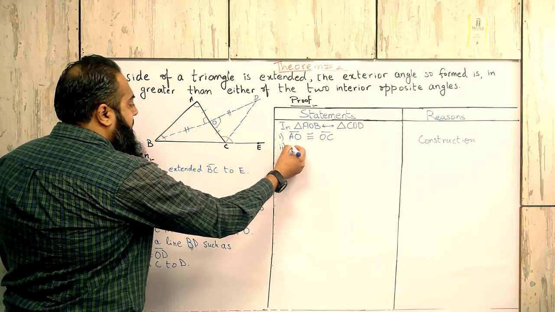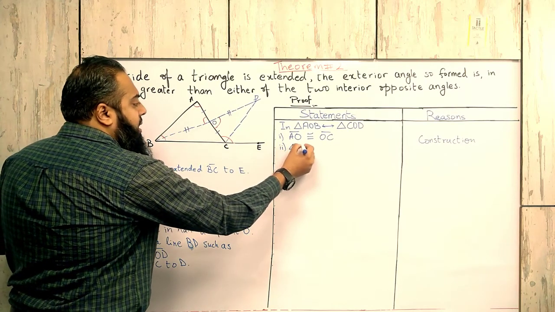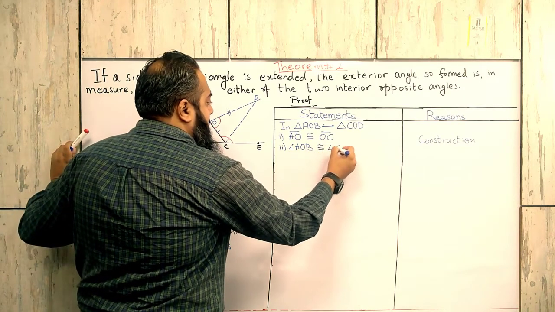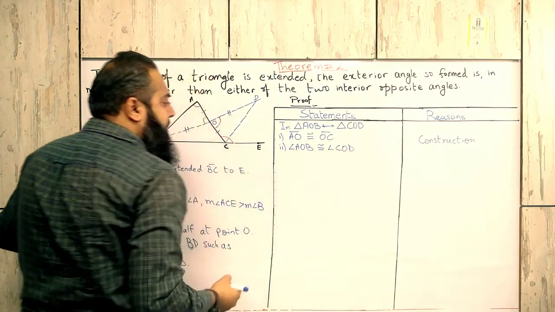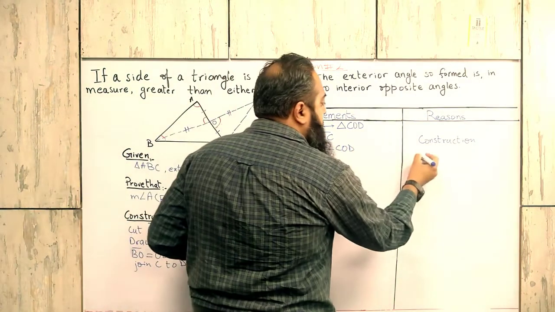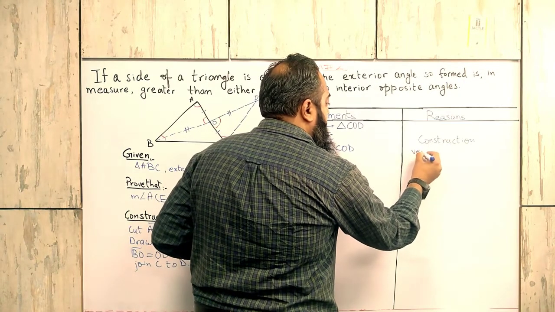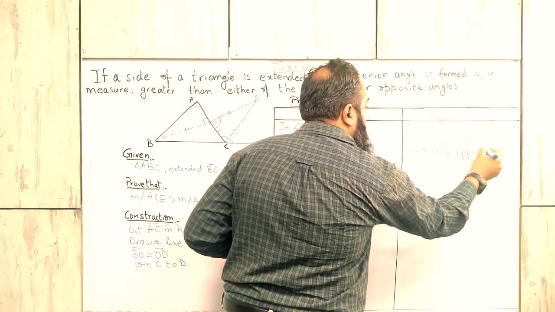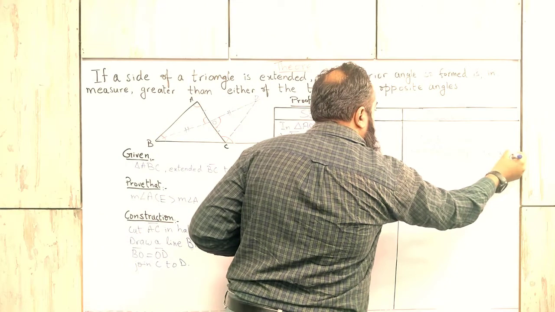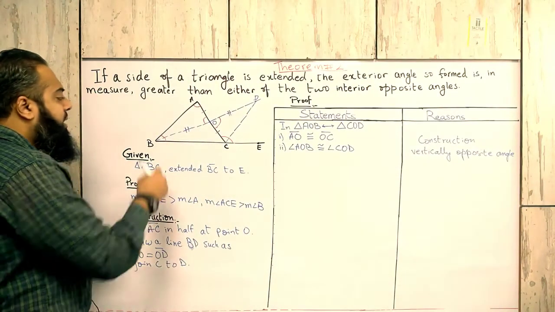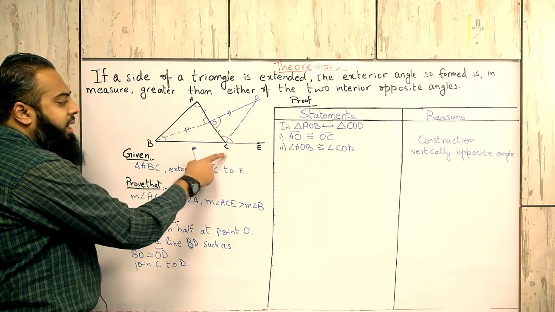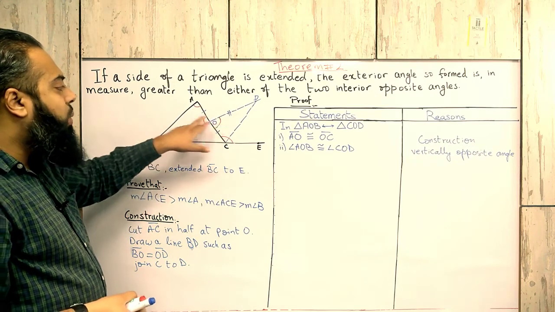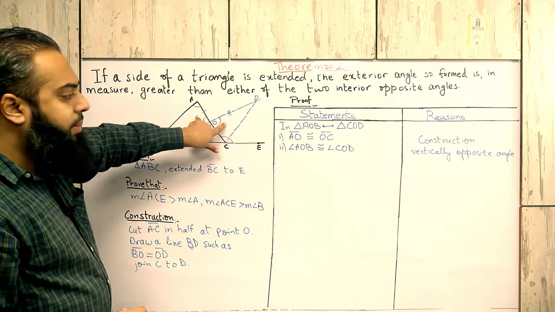Angle AOB will be congruent to angle COD. Both of them will be congruent to each other because both are vertically opposite angles. As we can see, line BD and line AC are both intersecting at point O, and the opposite angles are called vertically opposite angles. So therefore they will be congruent.